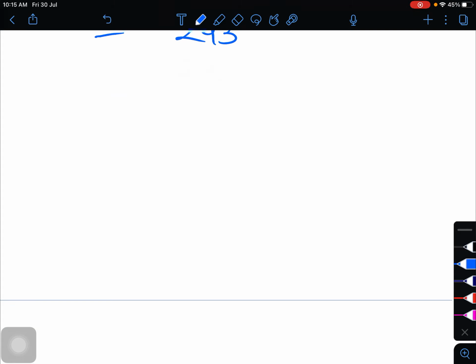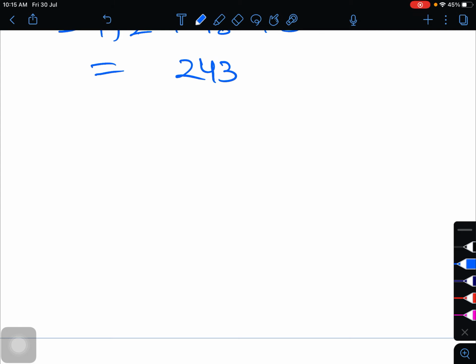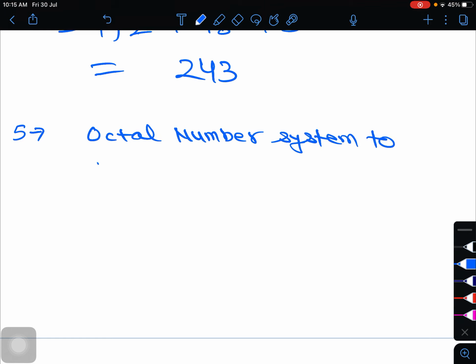Now we are going to understand how we can convert octal number system to binary number system.